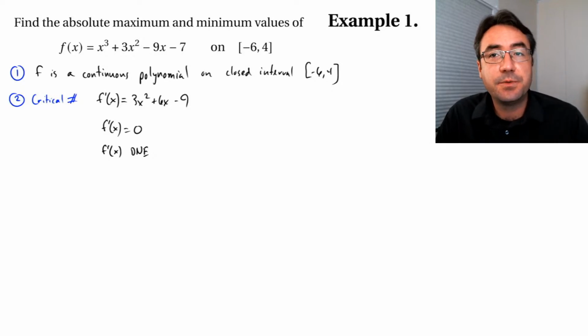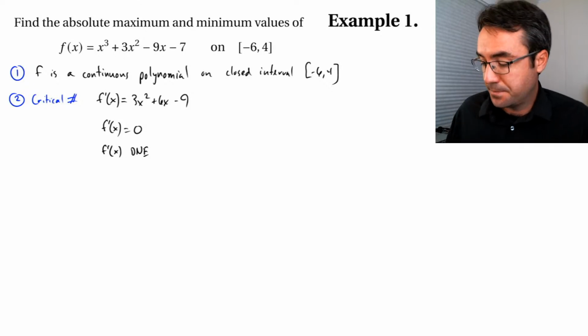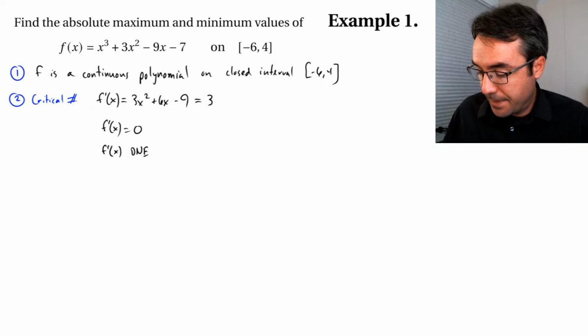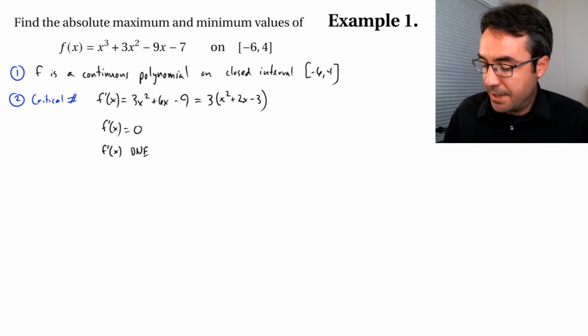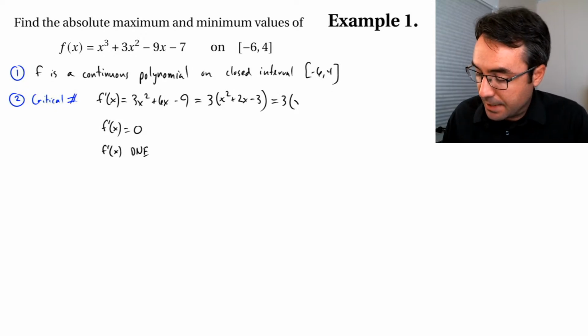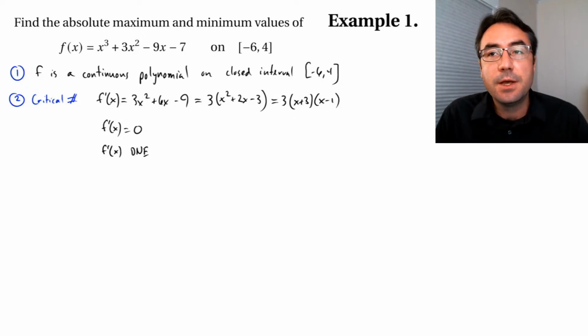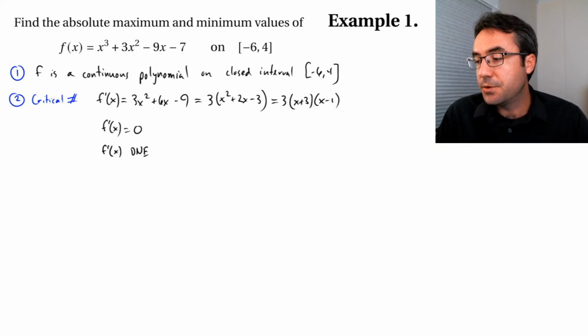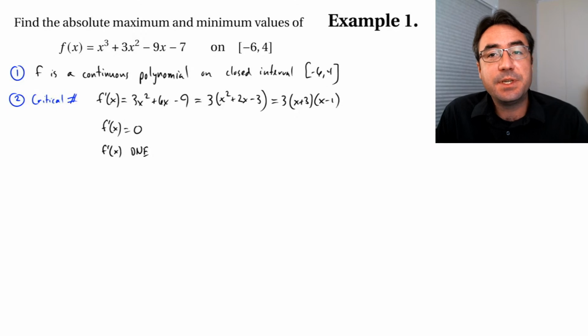To help us do that, let's factor this. I can factor out a 3. That gives me x squared plus 2x minus 3. And then I can keep factoring. x squared plus 2x minus 3 factors into x plus 3 times x minus 1. So there's my fully factored derivative. Now I want to figure out where that derivative is equal to 0 and if it's undefined.